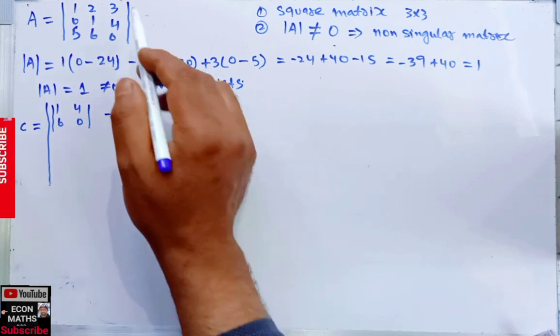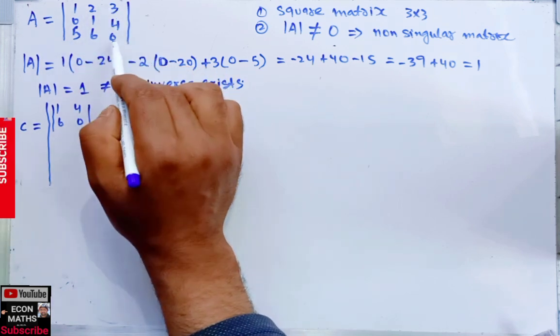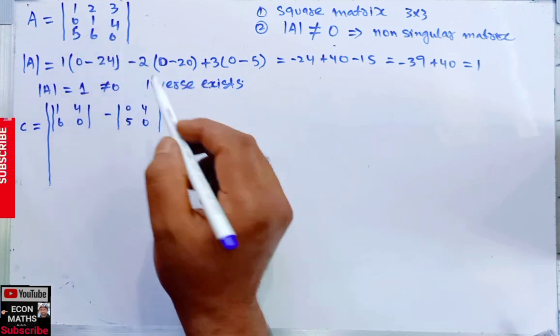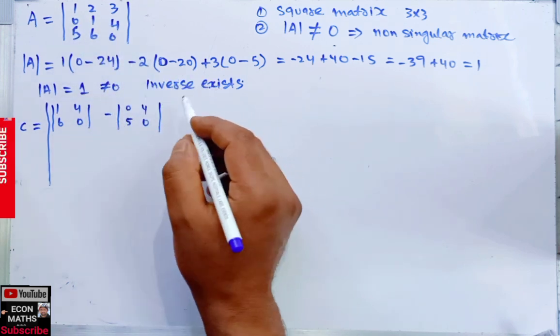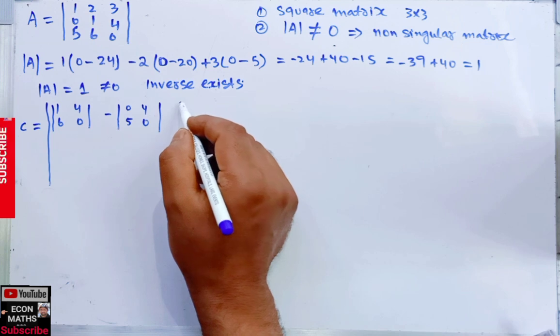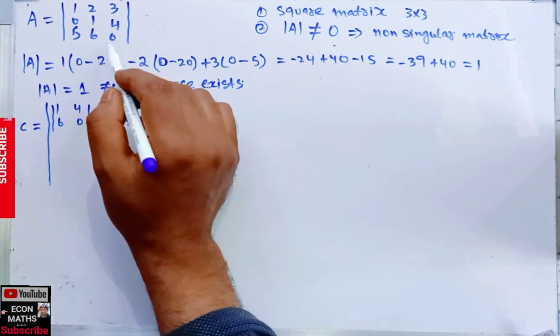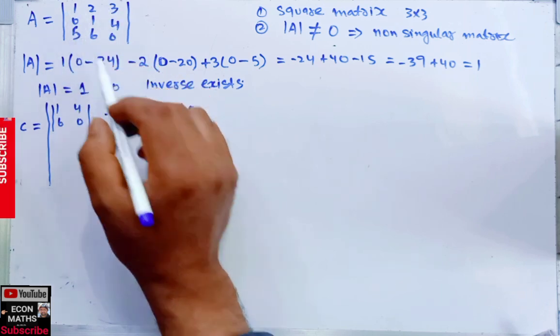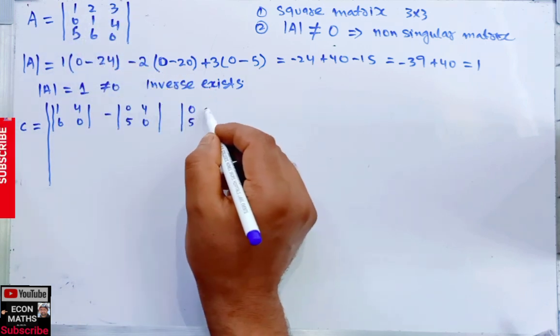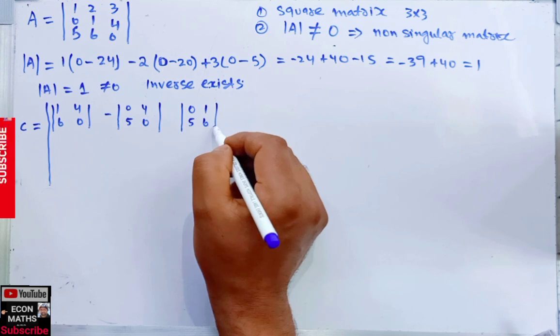Similarly, take the third element, delete the row and the corresponding column, we get 0 5 1 6, but we have deleted this and this, 0 5 1 6.